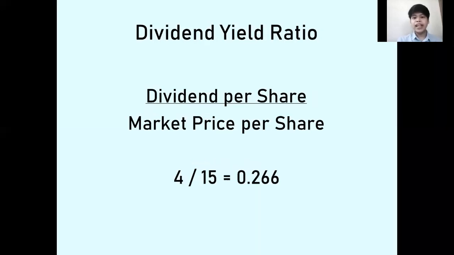And dividend yield ratio, dividend per share divided by market price per share. So dividend per share of 4 pesos divided by market price per share of 15 pesos. So the dividend yield ratio is 0.266.